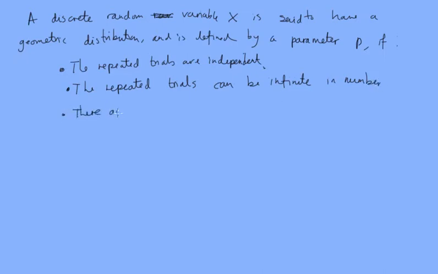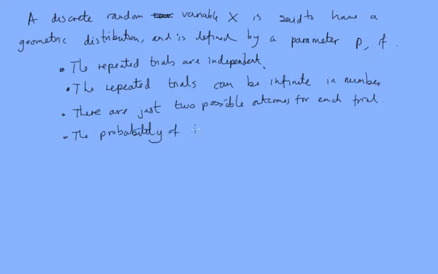There are just two possible outcomes for each trial, that means either a success or a fail. And the probability of a success is p and is constant.